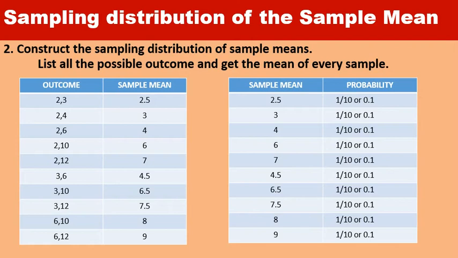Next, 3, count all the 3s among the sample means. There is only one 3, so that would be 1 over 10 or 0.1. Next row is 4, sample mean 4. Count how many 4s there are. There is only one, so the probability is 1 over 10 or 0.1, and so on. So that's it for the probability or the sampling distribution of the sample mean.